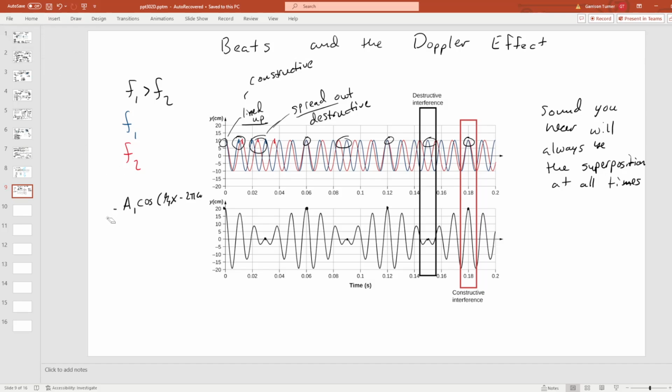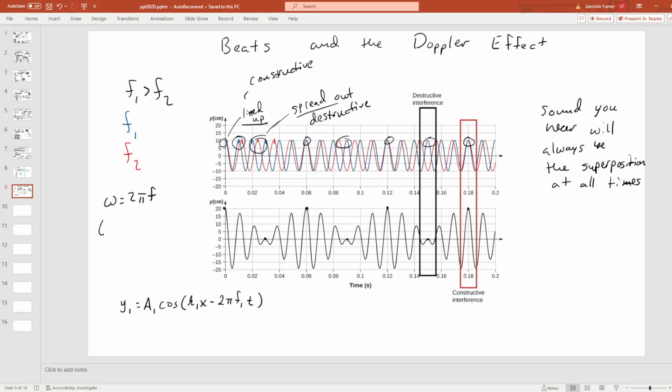Let me put it down here, so we're not constrained for as much space. 2 pi f is omega.